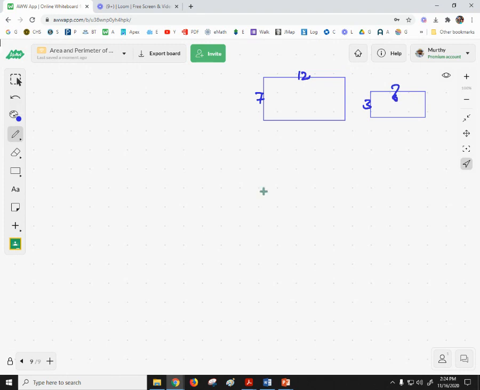But you are asked to find the perimeter of the small rectangle. Find the perimeter of the small rectangle.